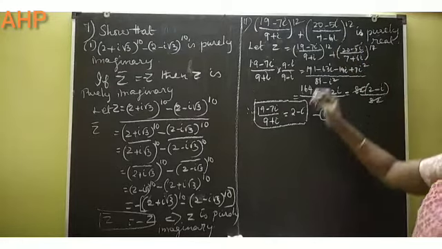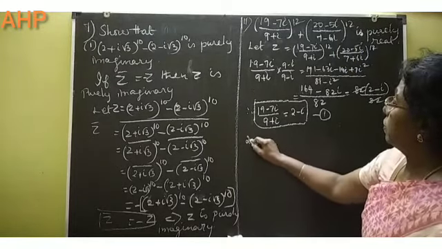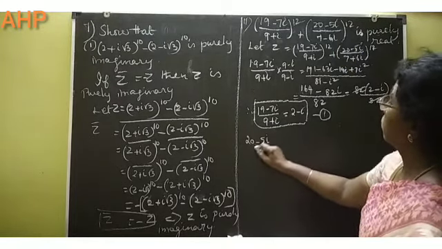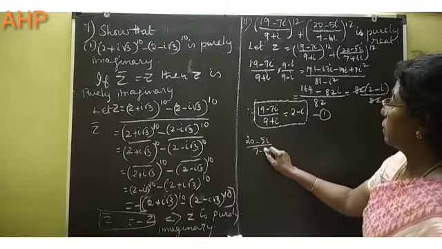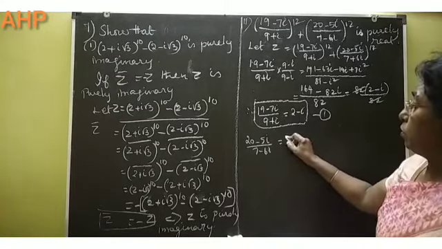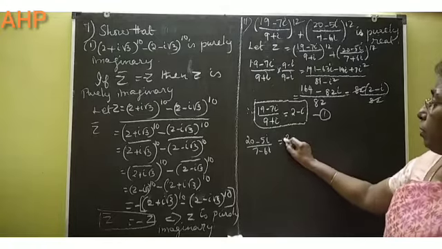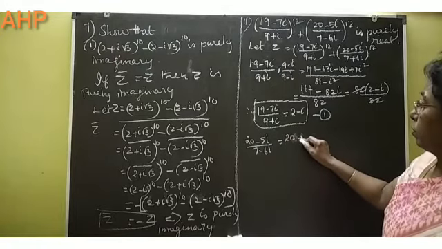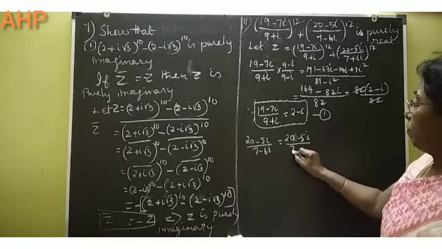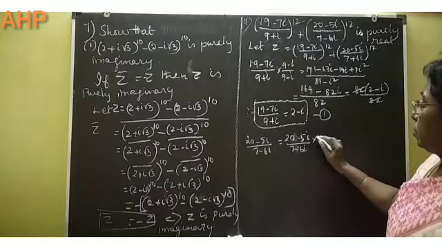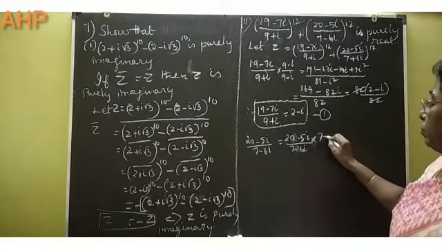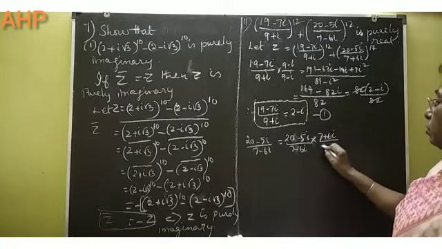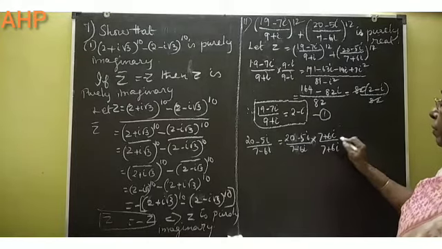So now the next term is 20 minus 5i by 7 plus 6i. To rationalize the denominator, we need to multiply by the conjugate, 7 minus 6i by 7 minus 6i.